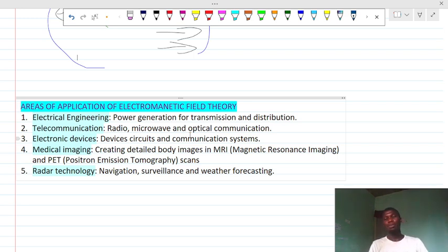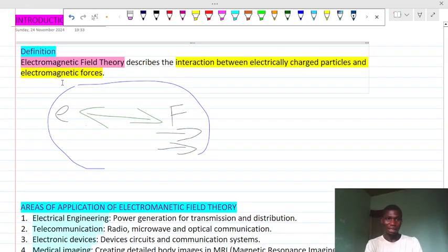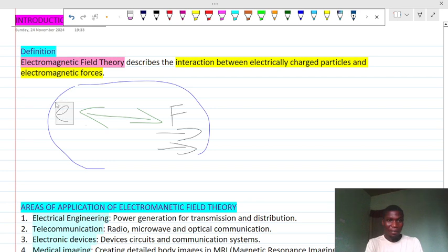Now, this is just an introduction to field theory, and I said something when we defined field theory. I just use E here to represent electrically charged particles.